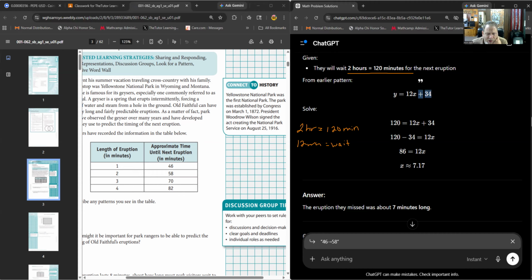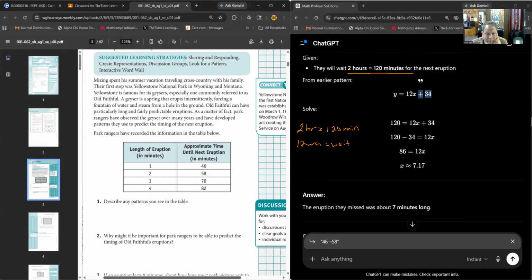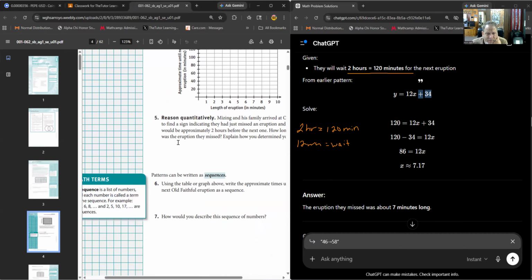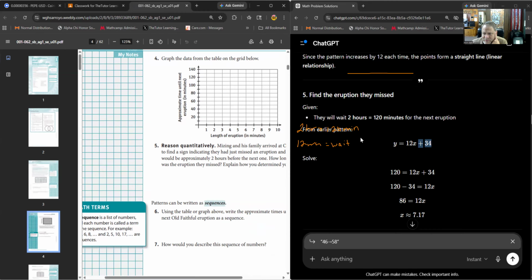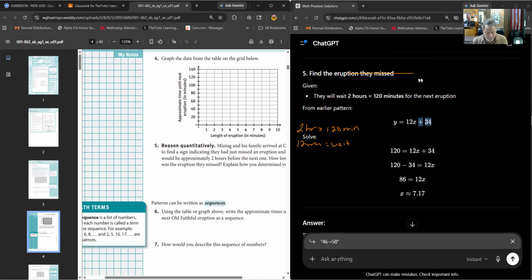So in problem 5, where did you get the positive 34 from?